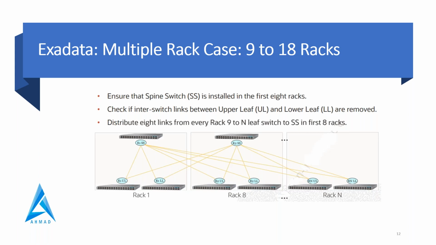Use the 7 newly available ports along with one separate port on each switch to connect each leaf switch to every spine switch in racks 1 through 8. In this diagram, you can see that the ROCE network connections inside racks 1 to 8 are not changed when adding racks 9 through 18. So this is an additional thing you can add.